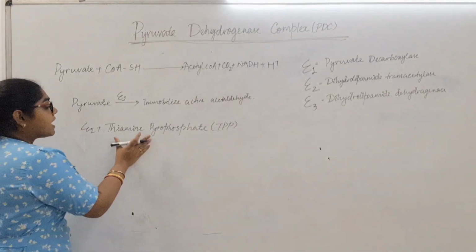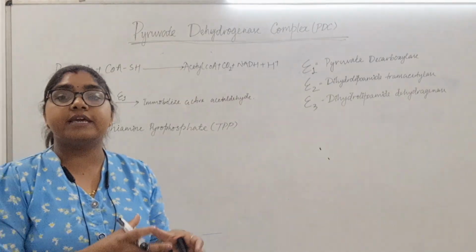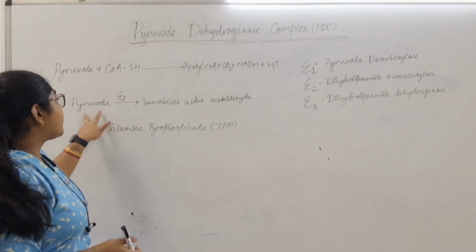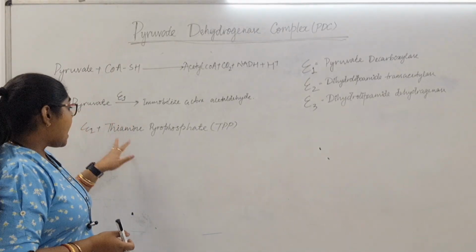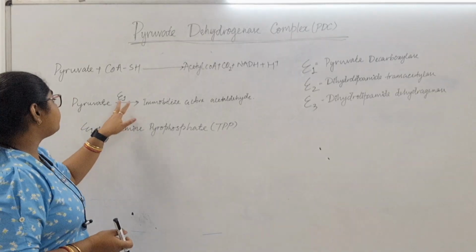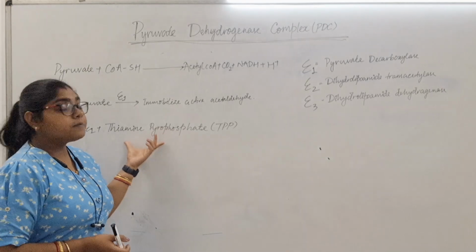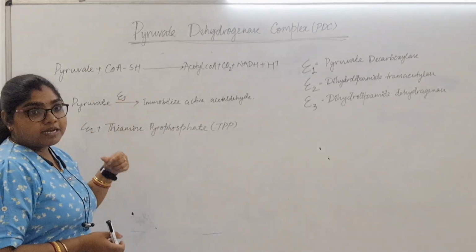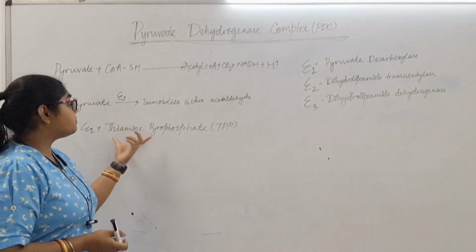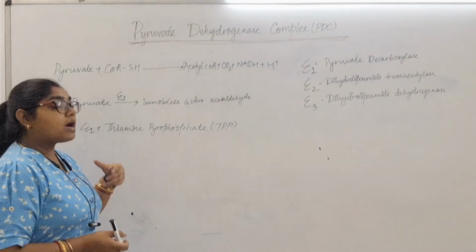This thiamine pyrophosphate, the cofactor of the E1 enzyme, forms a strong nucleophilic carbanion on the pyruvate.